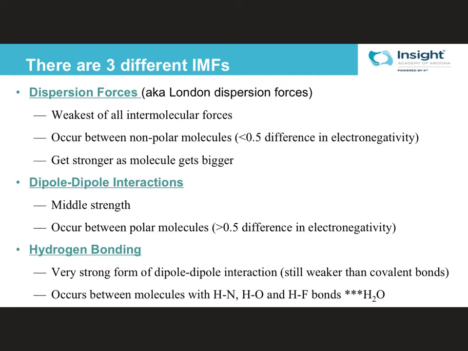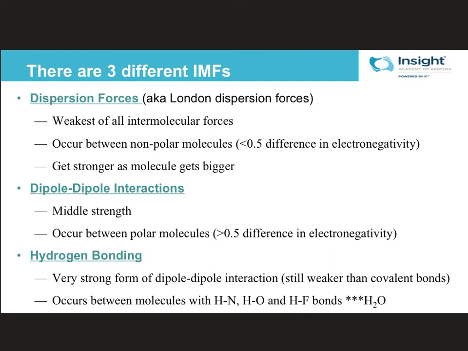Dipole-dipole interactions are when you have polar molecules. These are medium strength. Say you have hydrogen and chlorine. Chlorine has about a 0.9 greater electronegativity than hydrogen, which means the electrons they're sharing are going to spend more of their time circling the chlorine.